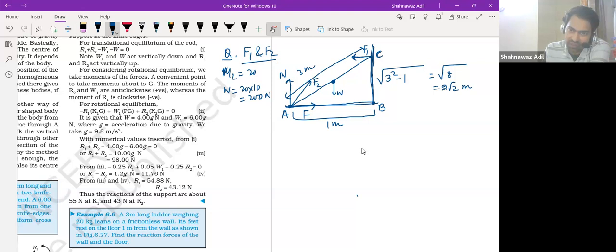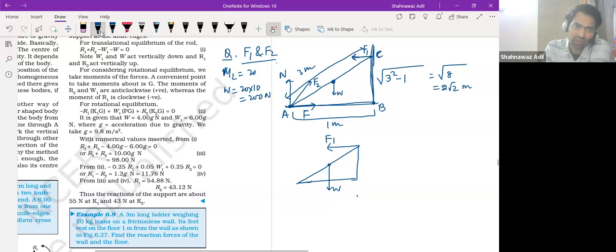So we have this force, right? This is the force, and then we have this force, and then we have this force. This is the frictional force, and this is the normal reaction, and this is the resultant of that. So calculate that, right? Because this is N, this is F. So what would be the resultant of N and F?